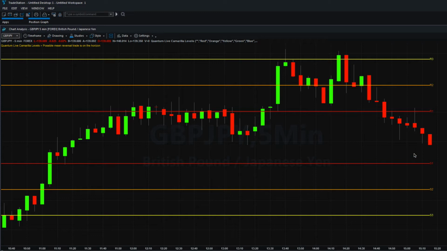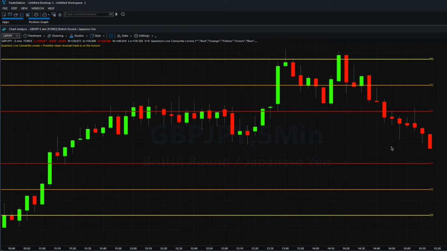And this is really the multifaceted aspect of the indicator, that not only does it give us these potential levels for reversals, which we're looking at here, and also breakouts, which we'll look at in another video, but we're looking at reversals here particularly. It also gives us the potential targets that we can expect that particular reversal trade to carry us.